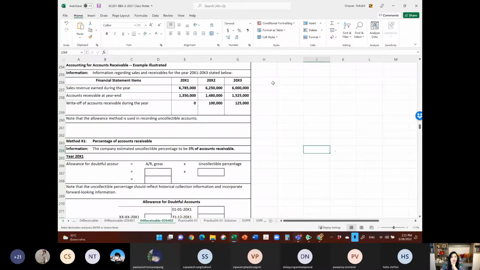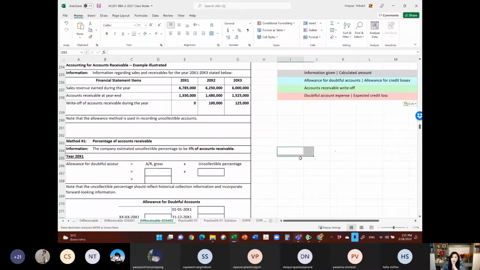All right, so I'll be using 4 different colors when I show you this example. So the first color is gray. This is basically information given or calculated amount. And then when I use blue, usually it's the calculation of the allowance for the doubtful accounts or credit losses.